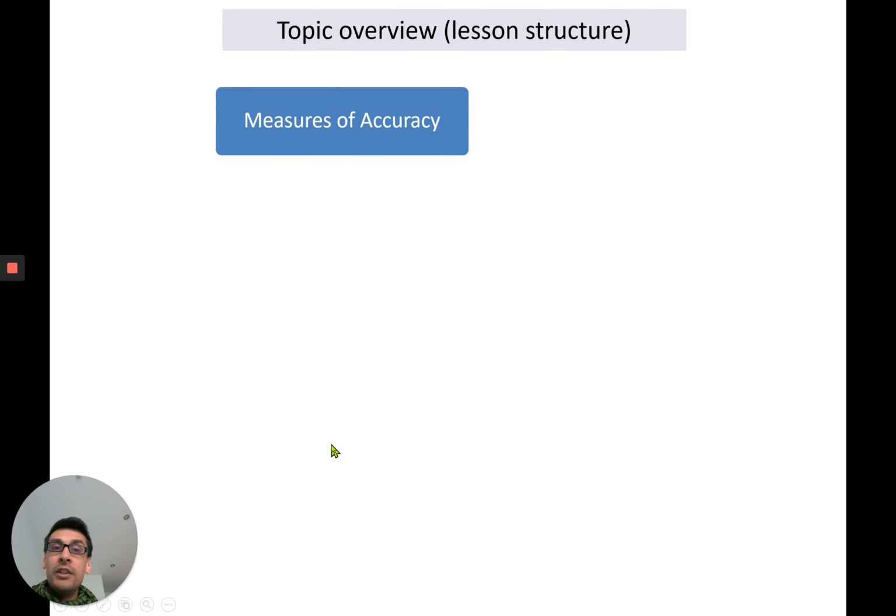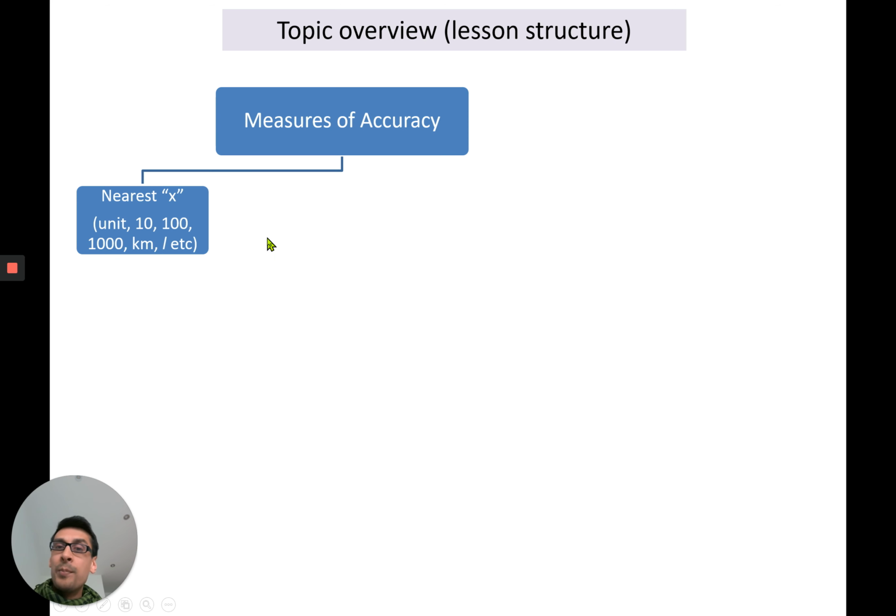Now, I normally do a list of all the different things that are covered in the lesson plan, but the topic kind of interweaves with itself quite a lot. So I haven't done a list, instead I've just done a little structure here. So bounds is to do with measure of accuracy. So you've probably already done rounding to the nearest 10 or nearest 100 or 1,000 or the nearest kilometer or liter.